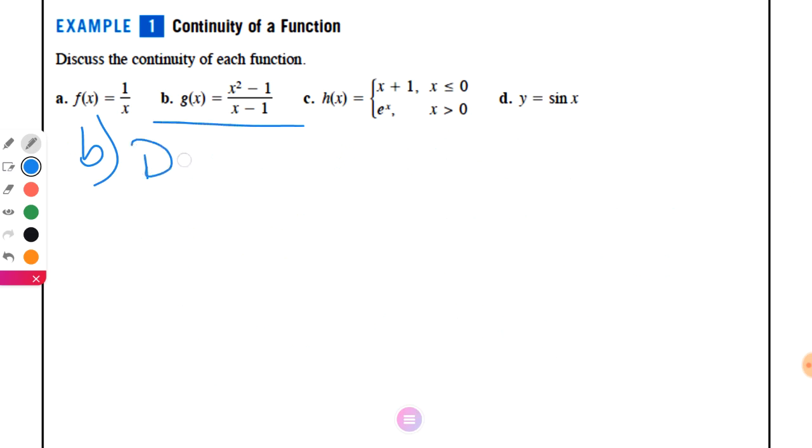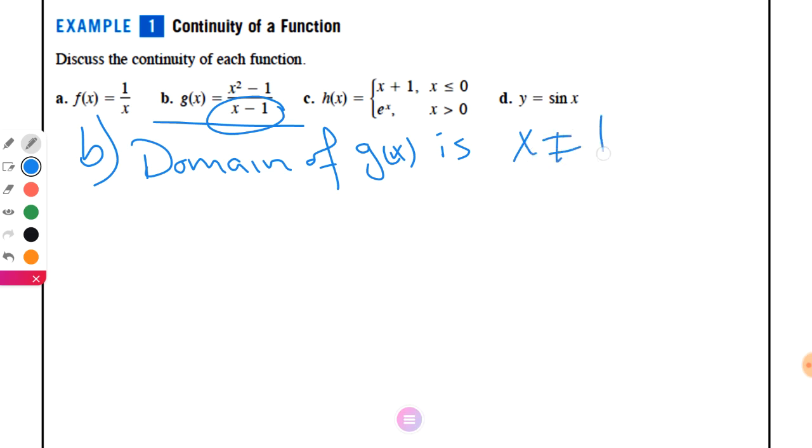The domain of g of x is all real numbers except the zeros of the denominator, because that is the definition of the domain of any rational function. I have to exclude the values of x which make the denominator equal 0. x not equal 1. That is my domain. It means all real numbers except this one.